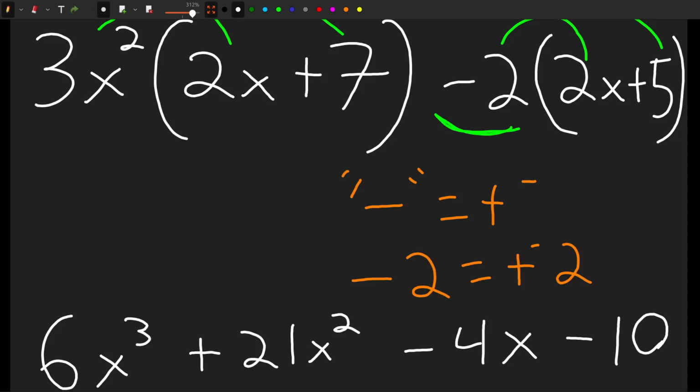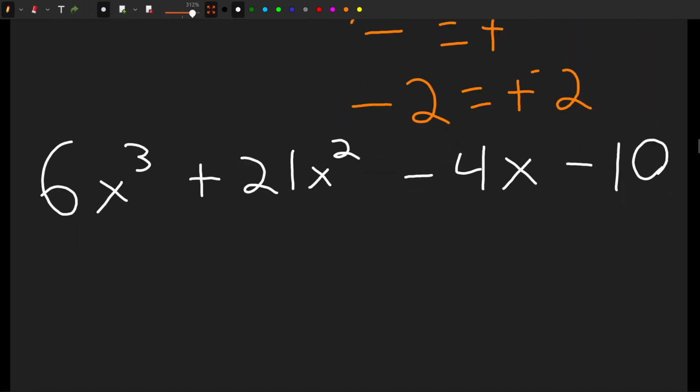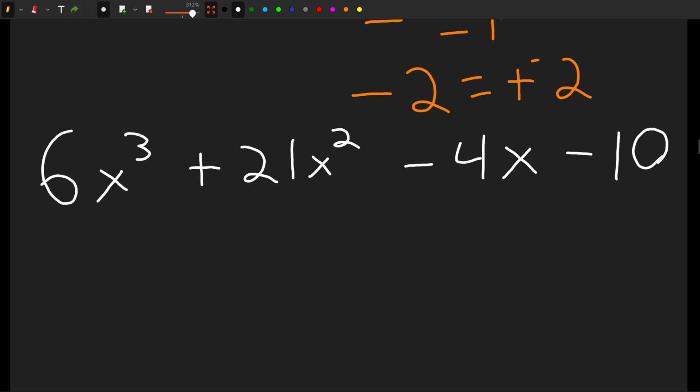All right. In this scenario, we need to see, is there any like terms or any simplifying we can do? And in this case, there's nothing we can simplify. 6x cubed stands alone. 21x squared has no common terms because it's x squared. We don't have any other x squared terms. 4x, same idea, has no other x terms.